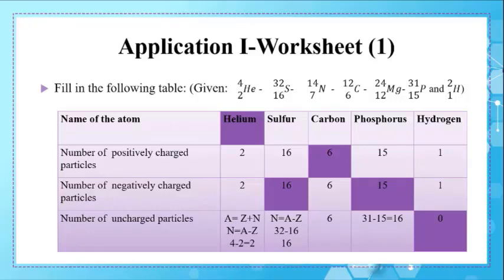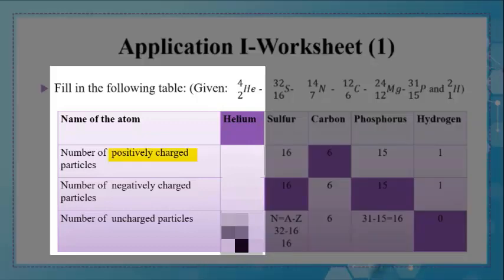Let's start with the first column. You just have the name of the atom, which is helium. The number of positively charged particles: these are the protons. So the number of protons is equal to the atomic number, the number written on the lower left side of the helium atom. This is equal to 2. The number of negatively charged particles: these are the electrons.